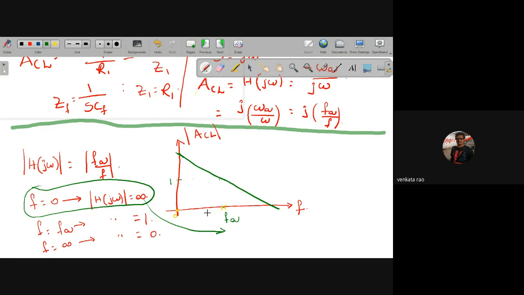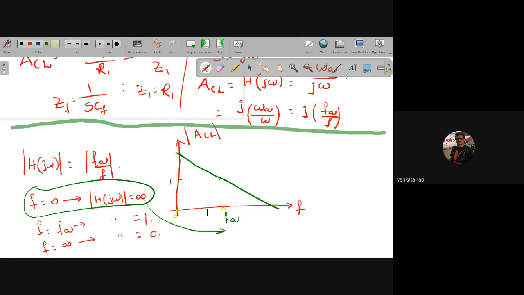Here it is infinity, so it leads to instability of your system. So at low frequencies, your integrator is not stable. That is the problem in this.